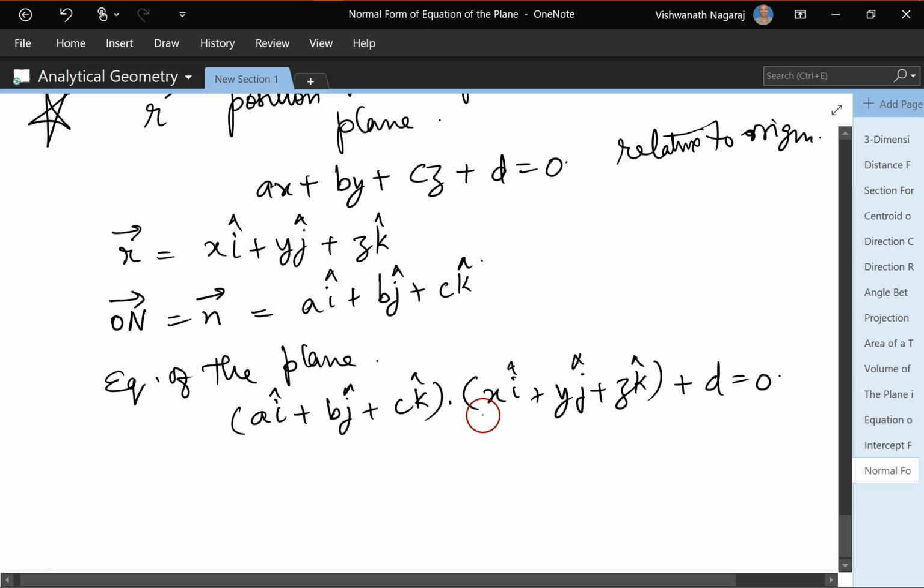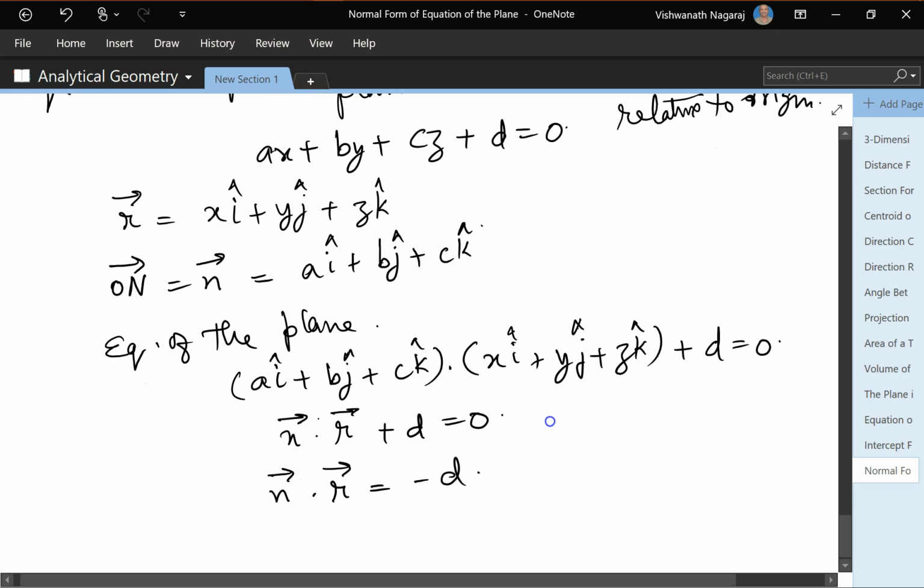If you do the dot product, i times i is 1, so ax plus by plus cz plus d equal to 0. That means they are equivalent. Now, what is this? This is the normal vector dot the position vector of a point on the plane equal to minus d.